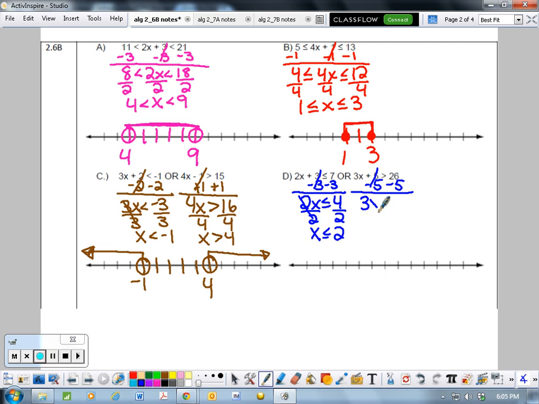So 3x is greater than 26. No, wait, 21. Sorry, forgot to subtract. Divide by 3 on both sides, and I get x is greater than 7. Again, looking to graph them on the same graph, 2, 3, 4, 5, 6, 7. I have a closed dot on the 2, arrow goes out. Open dot on the 7, arrow goes out.